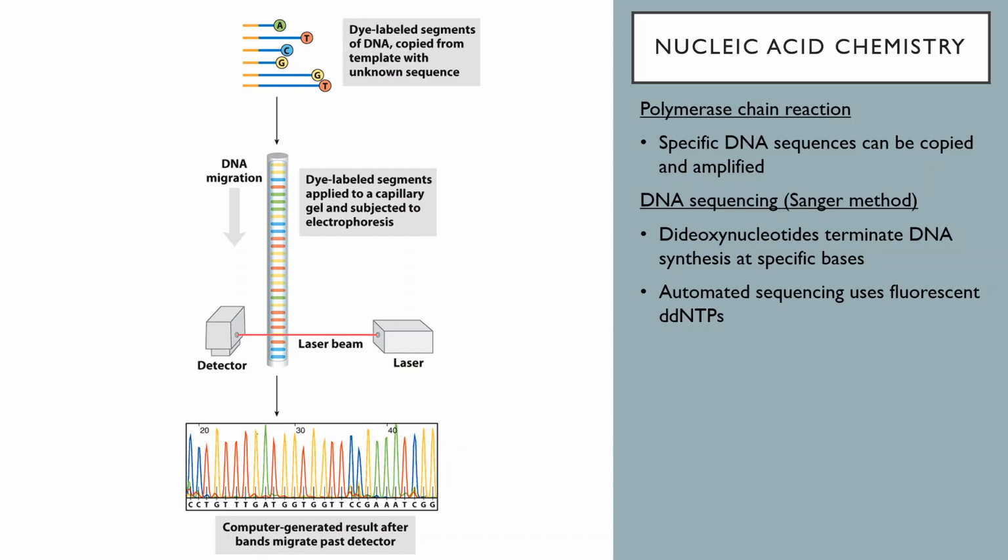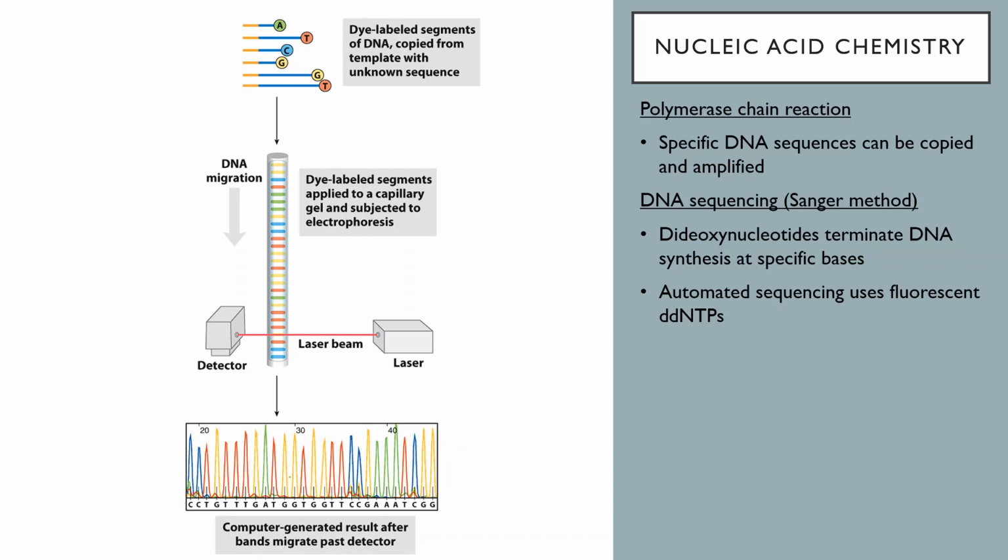If your cytosine is labeled with a blue fluorescent tag, then every peak in the blue part of the spectrum corresponds to a C. If your thymidine is labeled with a red fluorescent tag, every peak in the red part of the graph represents a T. They basically just printed all 4 graphs at once and color coded them. So then you can just use this for determining the sequence.